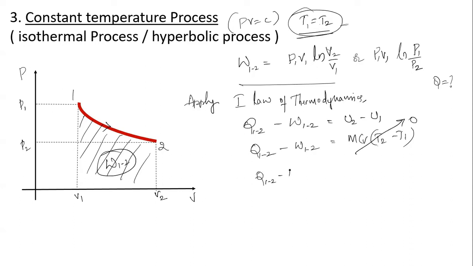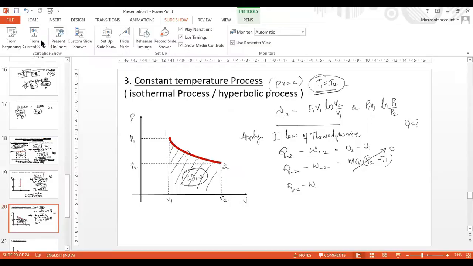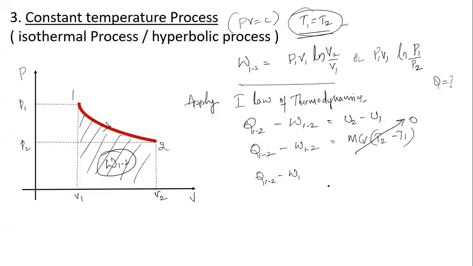Therefore, Q1 to 2 minus W1 to 2 is equal to 0. Therefore, Q1 to 2 is equal to W1 to 2.